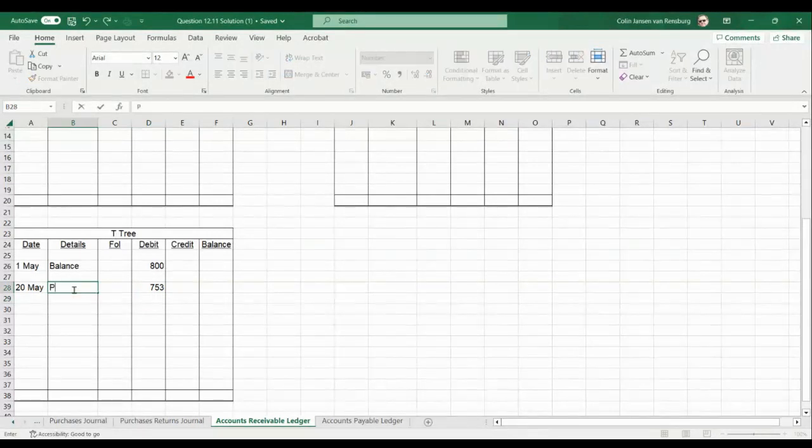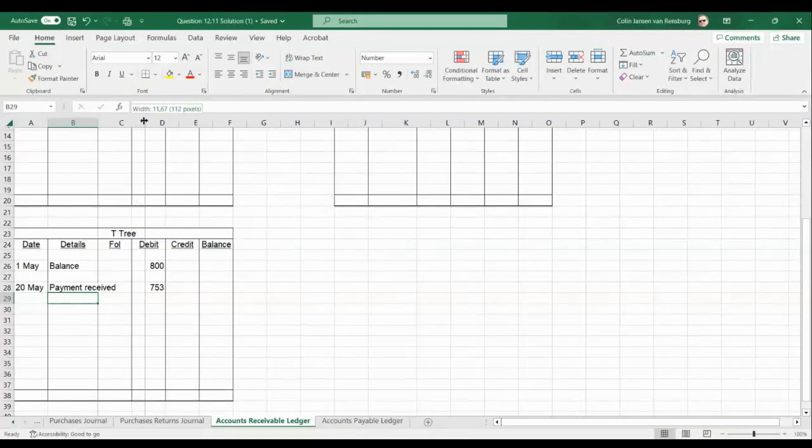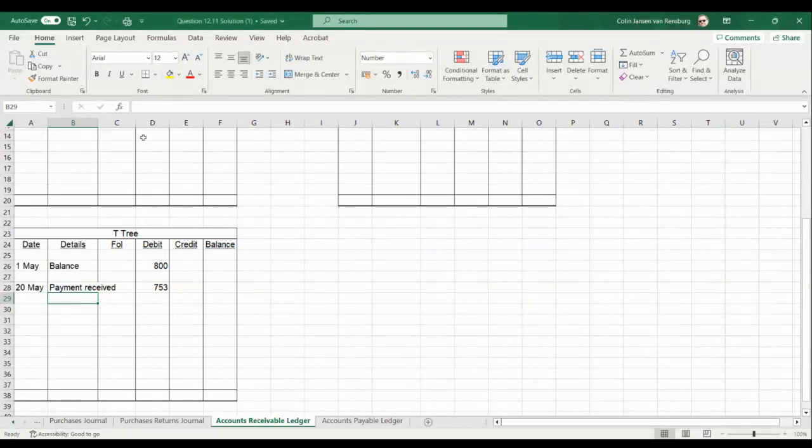This was a payment received. I can't spell today. Payment received, and then we've got to give it a, just have to make that a little larger.